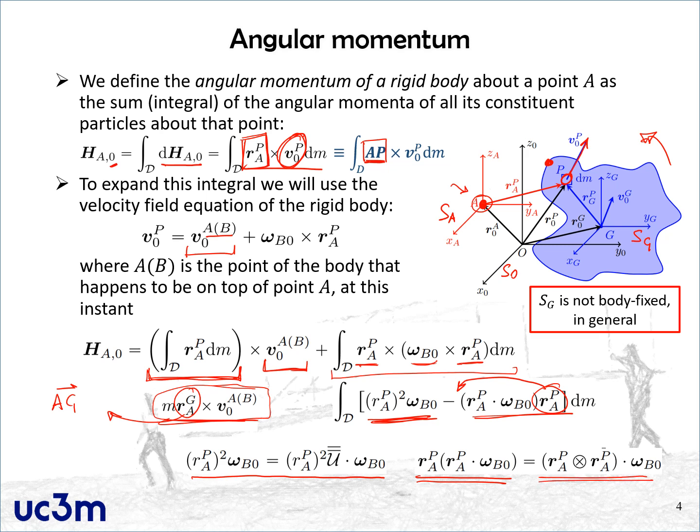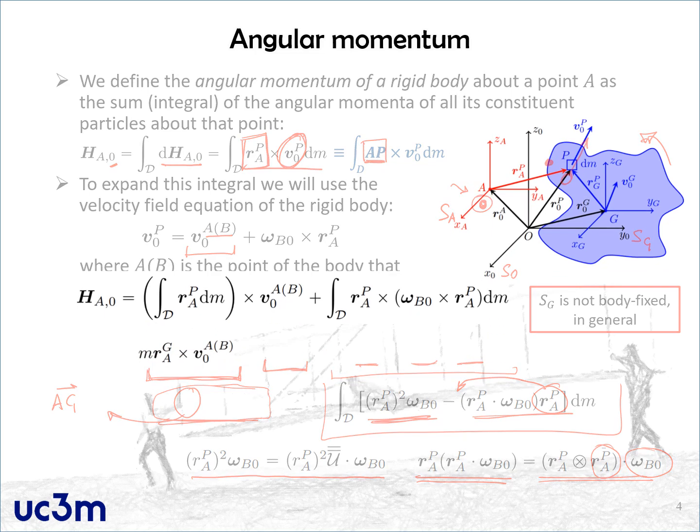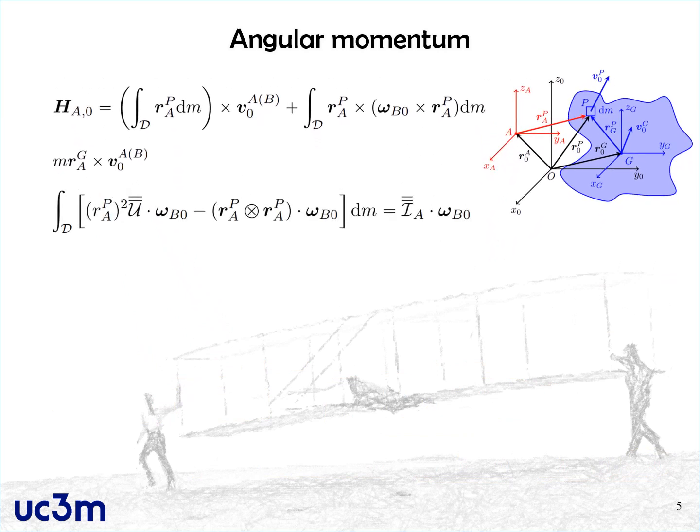Basically, what we have here is a different way of writing the dot product of omega with the position vector on the right. Now that we have that, we can rewrite this remaining integral in a slightly different way. That way of writing it is this one.